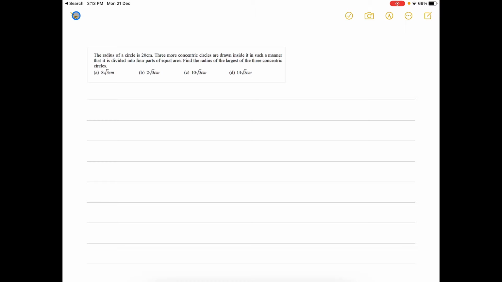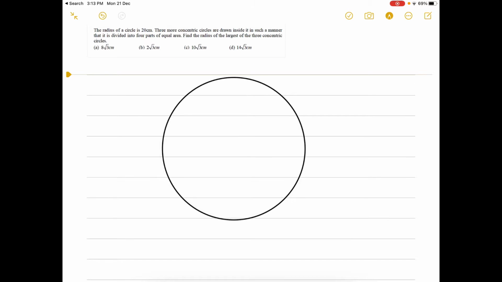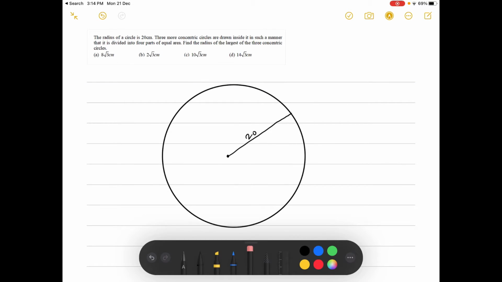Okay, so the question says the radius of a circle is 20 centimeters. So let's draw a circle. Let this be the center of the circle. This is 20 centimeters. Now the question says that three more concentric circles are drawn inside this.